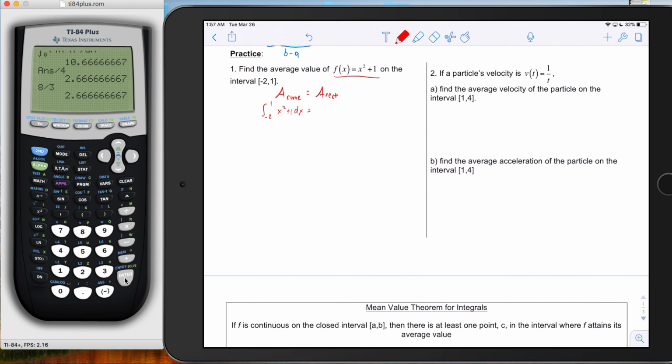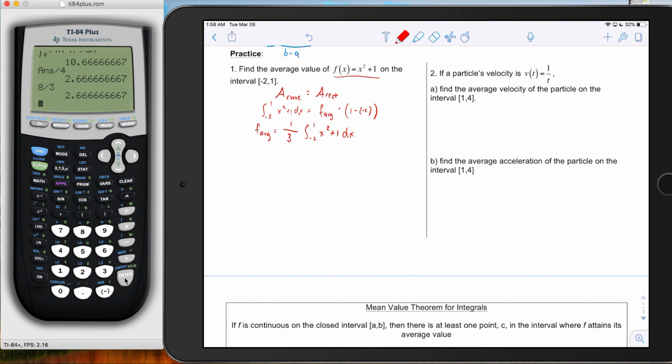And the area of the rectangle is going to be the average value, which is the height, multiplied by the base, which is 1 minus -2. And so my average value is going to equal 1 over, what's 1 minus -2? Is that 3? Distance of 3, yeah, 1 over 3 times the integral from -2 to 1 of x squared plus 1 dx.